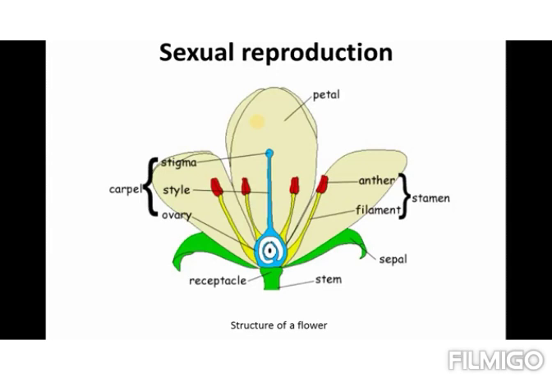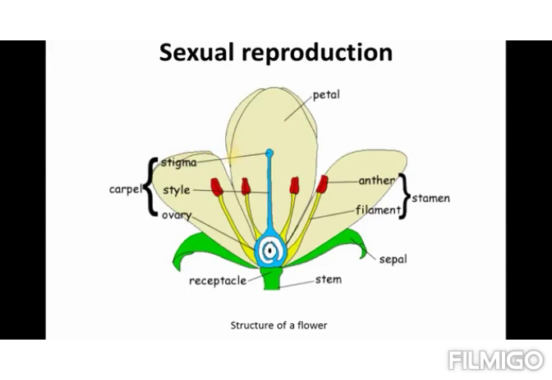So many colors are there, and they are colorful to attract insects for pollination. About pollination we will study in the next lecture. These petals can be 4, 5, 6, any number. So this is the second whorl of a flower.